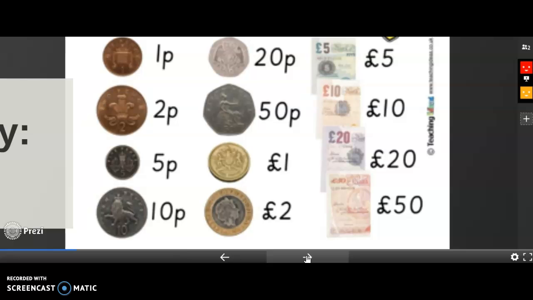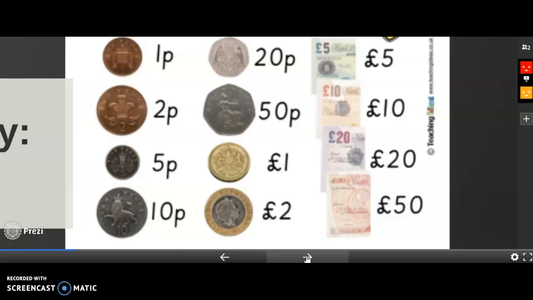7. It's a 1 pound coin. Very good. 8. It's a 2 pound coin. Good. 9. It's a 5 pound note. Good. That's it.